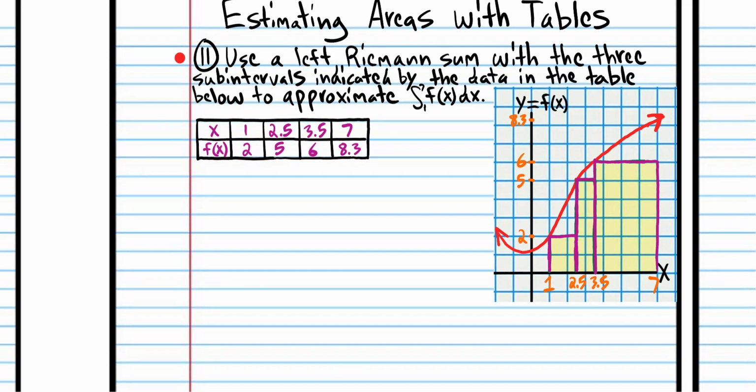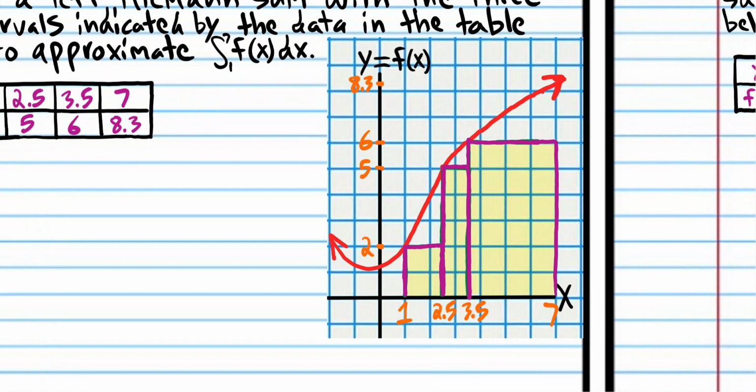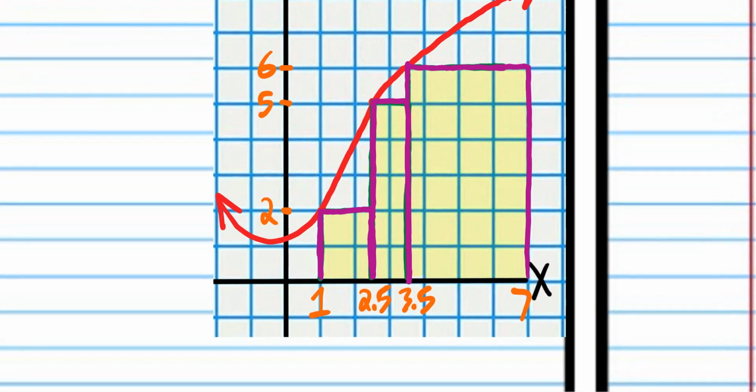Another thing that's different about this problem is that when we calculated Riemann sums, the widths of the rectangles were always equal, but you see here that's not the case. The width of this rectangle is 3.5. The width of this rectangle is 1, and the width of this rectangle is 1.5.